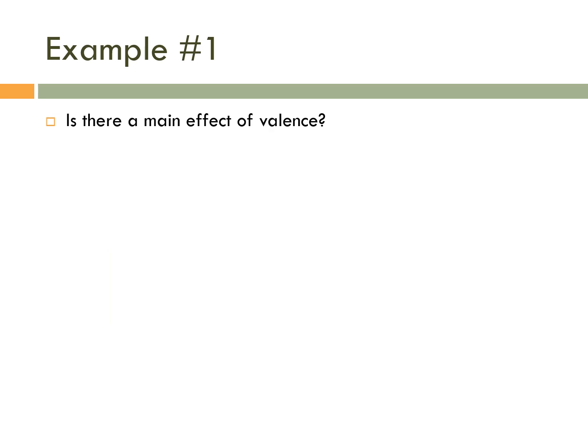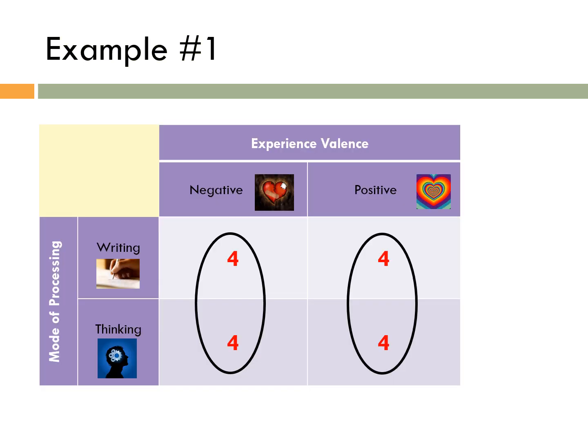We first want to ask ourselves, is there a main effect of valence? Remember, we have two main effects: one for the valence and one for the mode of processing. So first, the main effect of valence. Here we look at the valence for negative versus the valence for positive, and we ignore the mode of processing. So we average the 4s for the negative and the 4s for the positive.